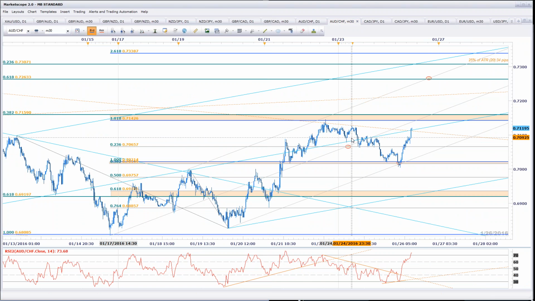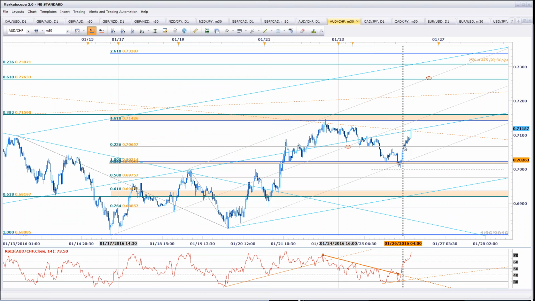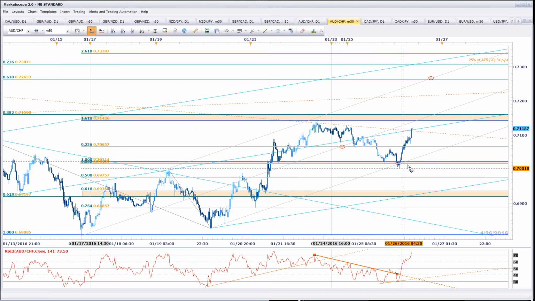So Aussie Swiss came into the initial target, 70.65, 70.20, 70.15 right here. This is the bullish invalidation level. We marked that as our bullish invalidation level at 69.75. Divergence into a trigger break put you right back on the long side here, and a beautiful opportunity to get long.